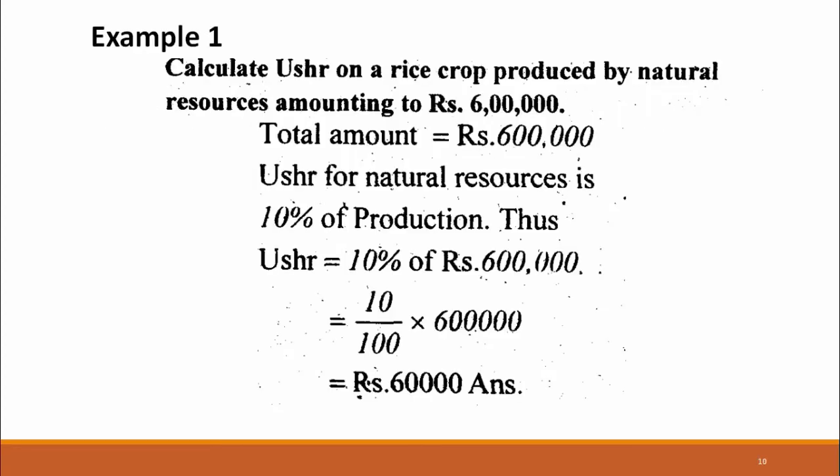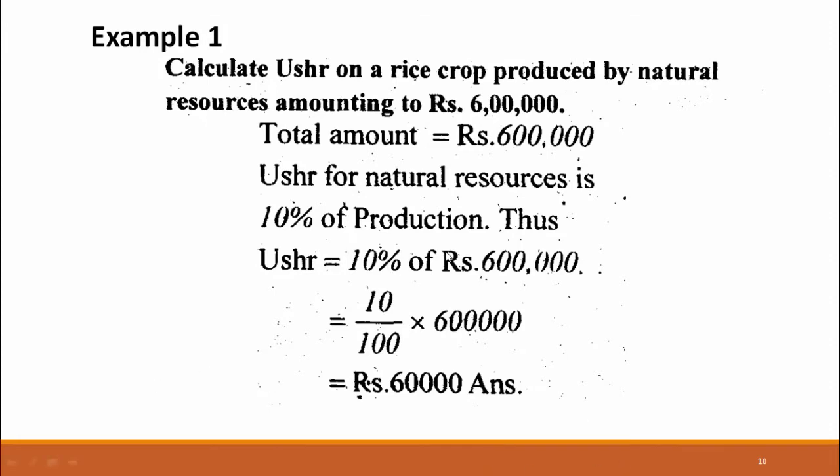For example, to calculate Ushr on a rice crop produced by natural resources amounting to Rs 6 lakh. Suppose the amount of products is 6 lakh rupees and it is given that the land is irrigated by natural sources. So regarding natural sources, the rate of Ushr is 10%.